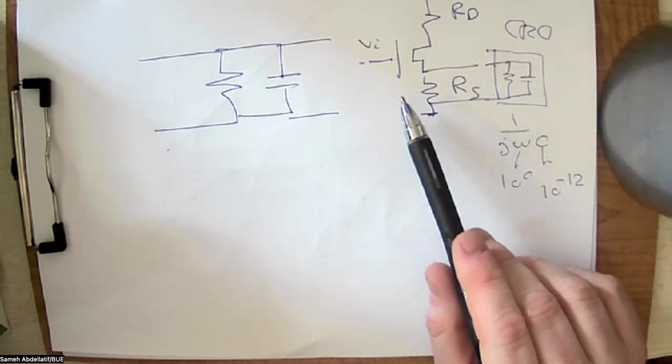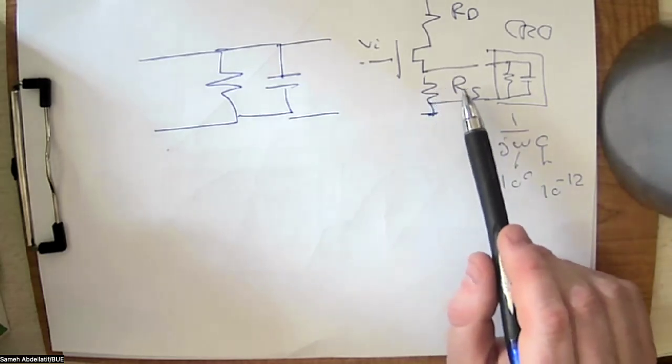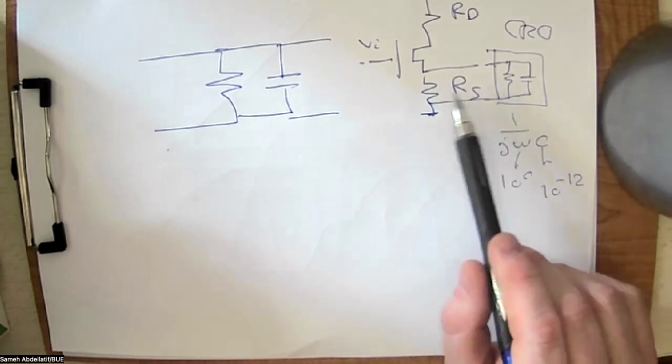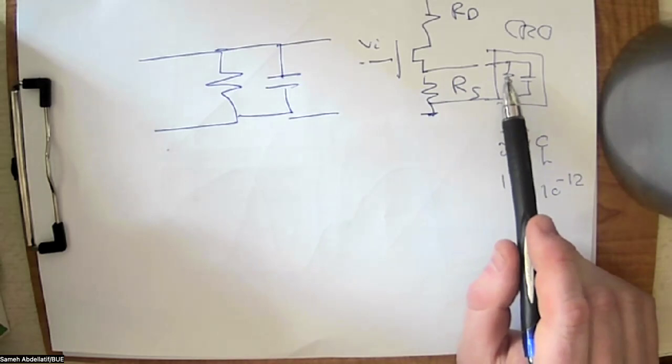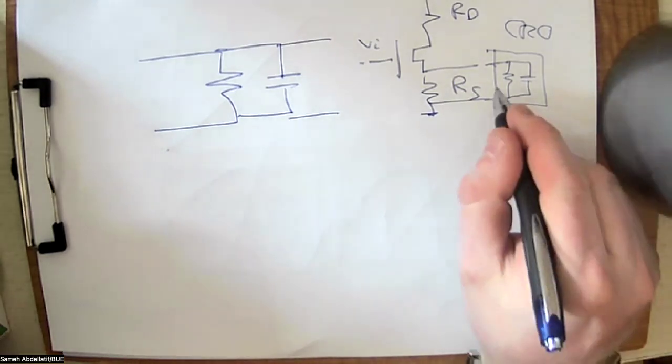So instead of RS, the source resistance, I'm sorry, you still have a resistance here parallel to RS. And if you remember, this is the effect of the loading resistance in the voltmeter, from the previous lecture. What we are trying to do is push this resistance to be very high.